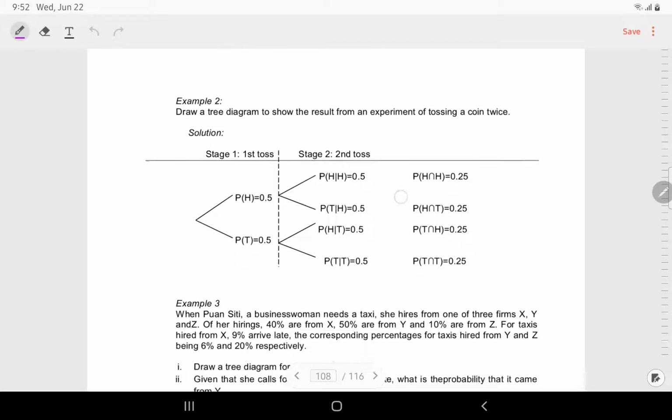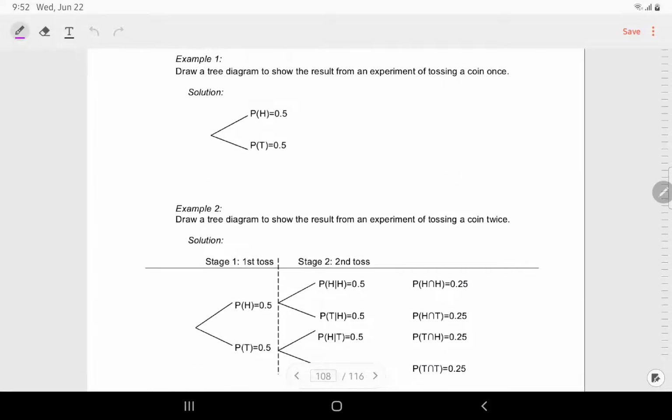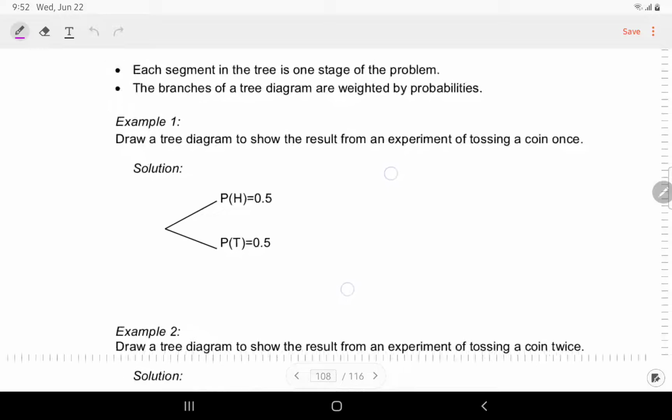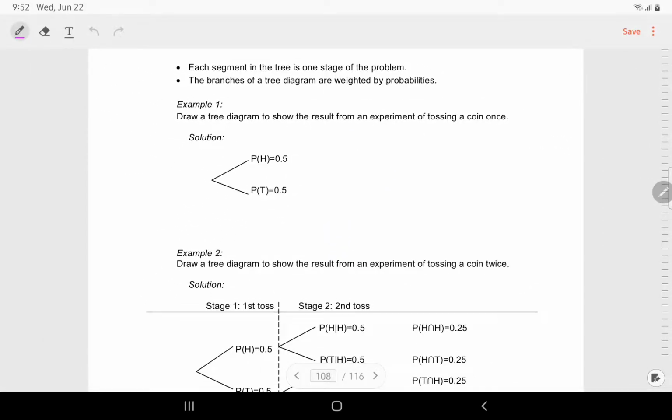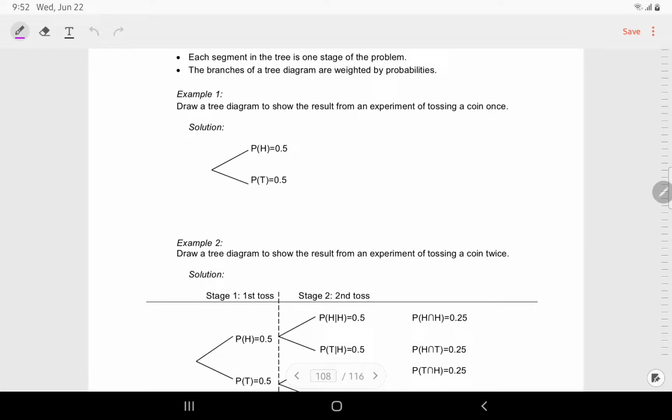So this is the example of tree diagram. So we can see here each segment in a tree is one stage of the problem. So kita tengok dekat sini adalah segmen, dekat sini adalah segmen. Untuk tree diagram dekat sini ada dua segmen. Dua segmen means we have two stage ataupun two event.